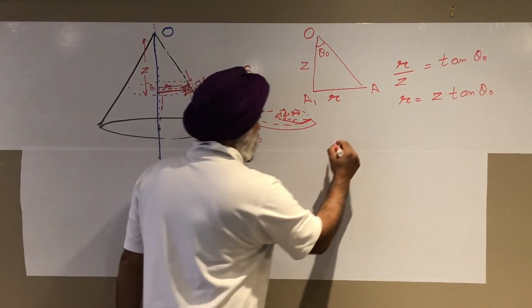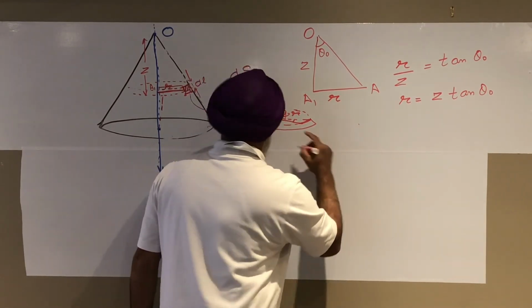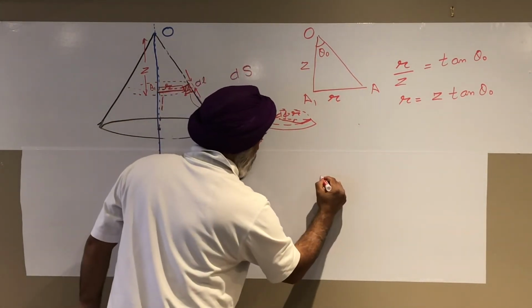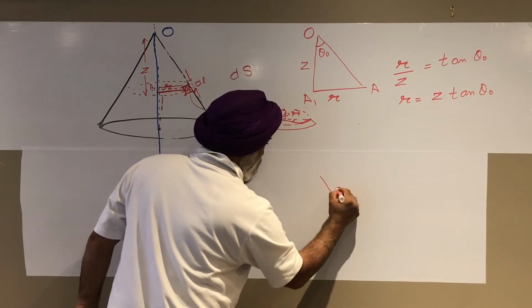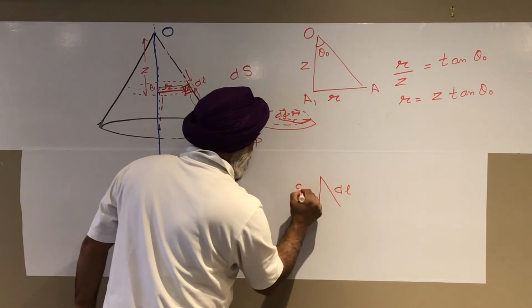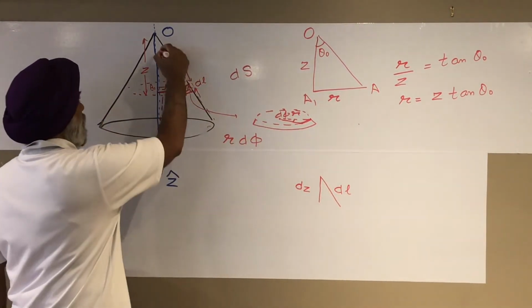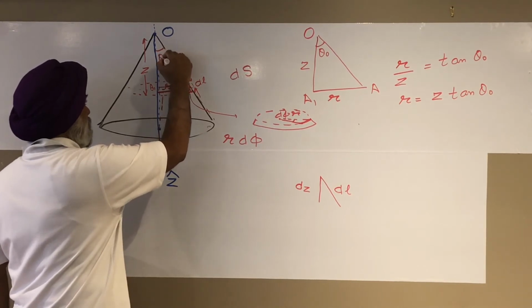What do we have? We would have a step which we have taken. So I'm taking this element and blowing it up. This is dl. dz is the vertical step we take as defined by the system, and this angle is theta naught.